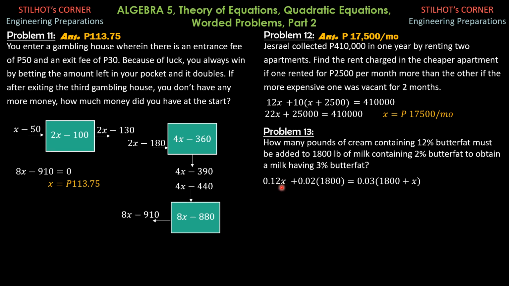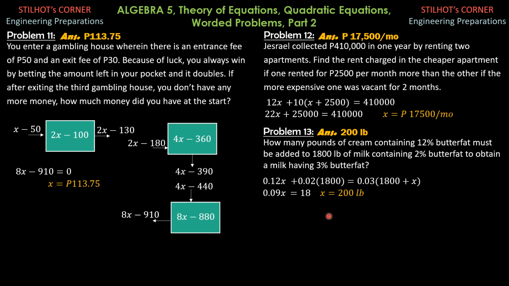Simplifying, 0.12x minus 0.03x is 0.09x, which equals 0.03 times 1,800 minus 0.02 times 1,800, and that is 18. Therefore, x is 18 over 0.09, so x is 200 pounds of cream containing 12% butter fat.